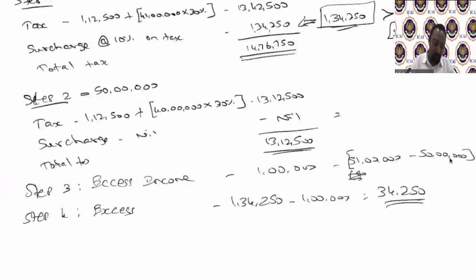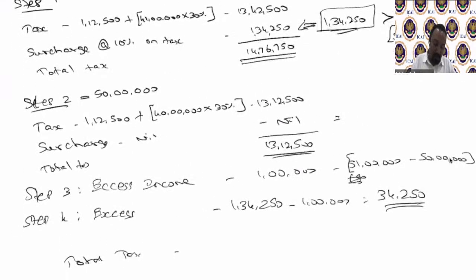So in this case, what you will do is you will actually calculate your total tax, right? Your total tax will be how much? 14,76,750 after surcharge, including surcharge. You less marginal relief of 34,250.